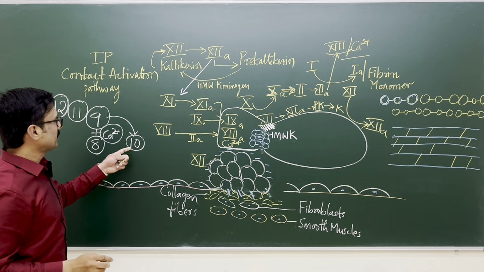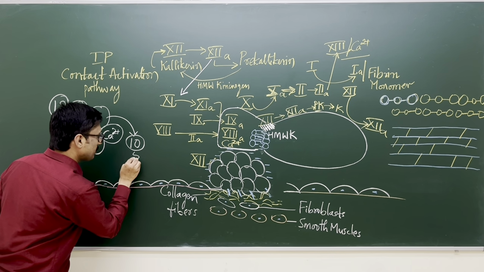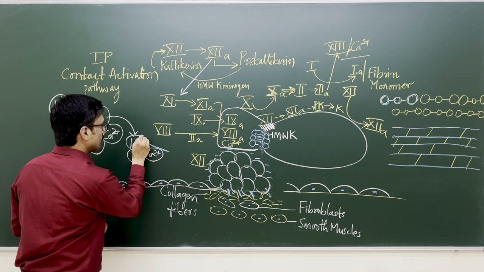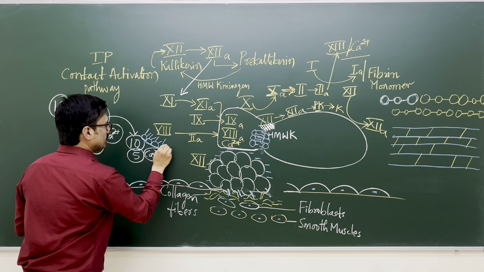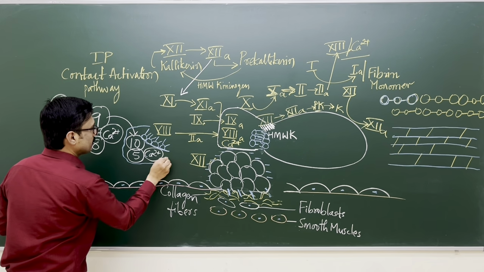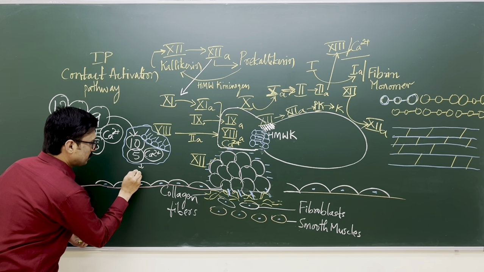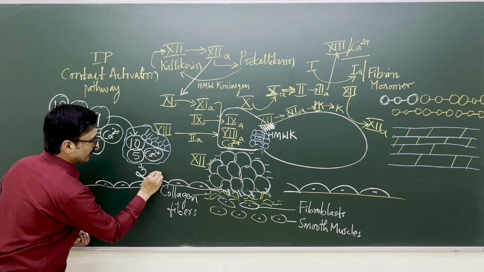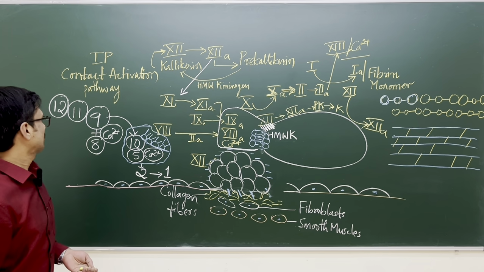So once the 10 is activated, the 10 will form a complex with 5 and calcium and membrane of platelets, the phospholipid membrane. This complex will activate factor 2. So once factor 2 is activated, it will activate factor 1 to form fibrin meshwork.